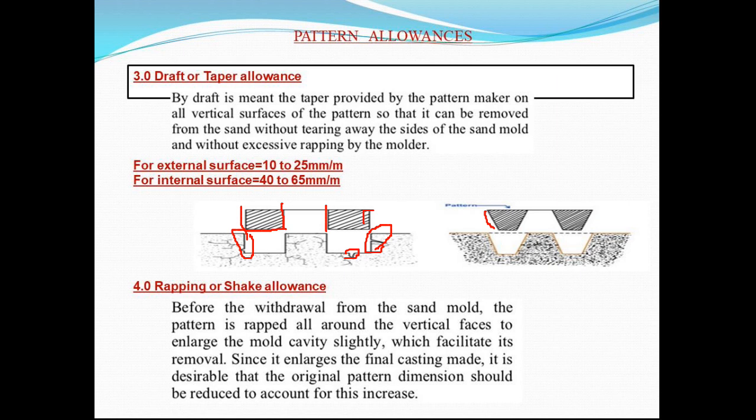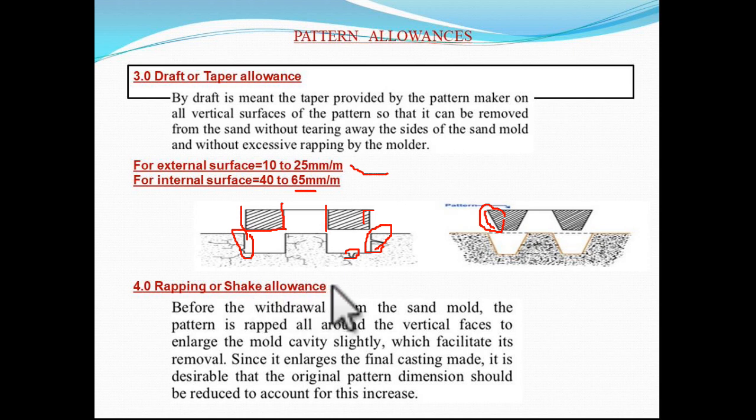To overcome this issue, instead of making a vertical wall in the pattern, we make the pattern in a slightly tapered manner. For an external surface, it can be given up to 10 to 25, and for an internal surface, we can give up to 65.